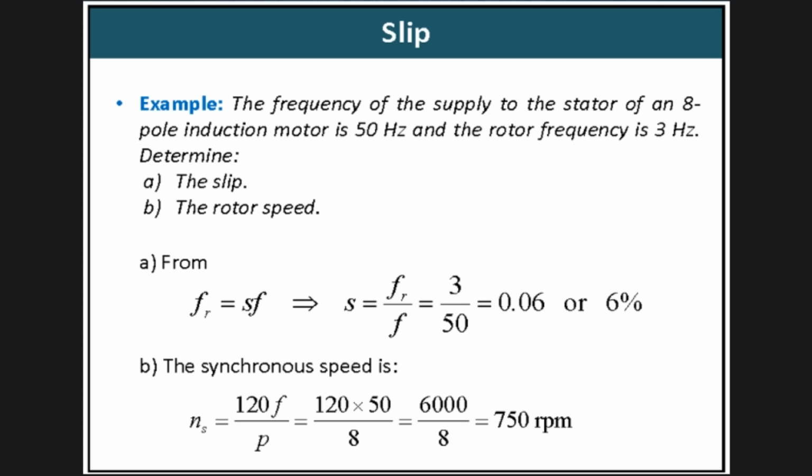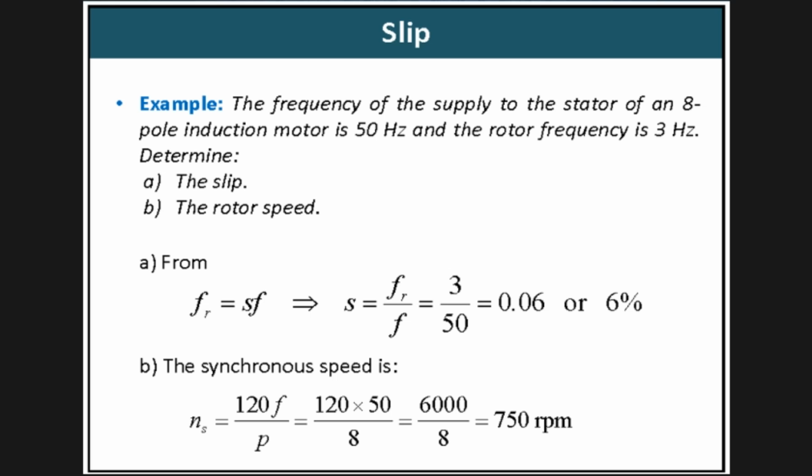As we know Fr and F, we can calculate s. Fr is 3 Hertz, F is 50 Hertz, so it will be 6%. Slip is 6%.